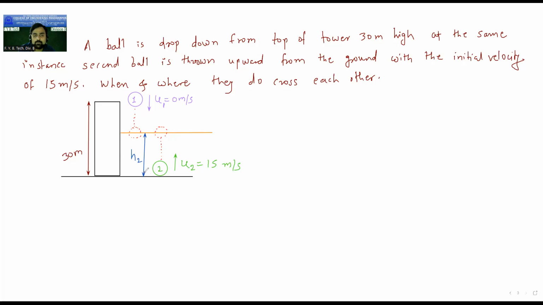So now if you call this as H2 then what will be this? ह्याची हाईट किती झाली मग? ही हाईट किती झाली? This total is हा बॉल कुठून रिलीज केलाय? ह्याच्या टॉप वरनं रिलीज केलाय ना इथून. Okay, the ball is released from the top, from here. Now, if this total is 30, this is H2, then this remaining will be 30 minus H2. Okay, this is the initial thing.